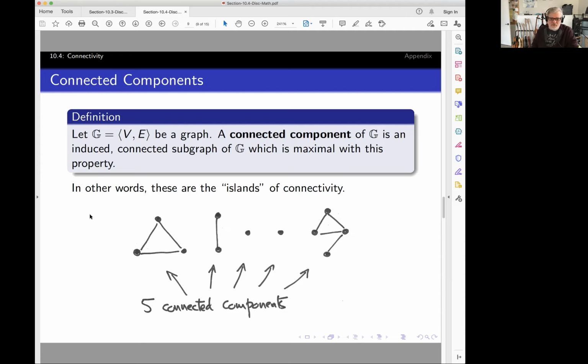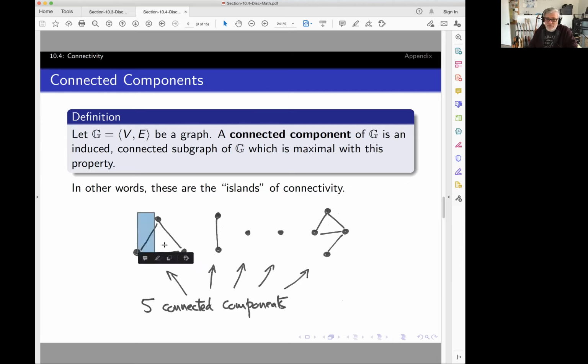A connected component of G is an induced connected subgraph which is maximal. Okay, so why this maximality condition? If I take just the edge which is here, that's not a connected component, right?